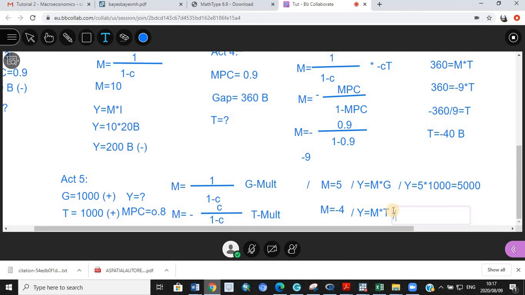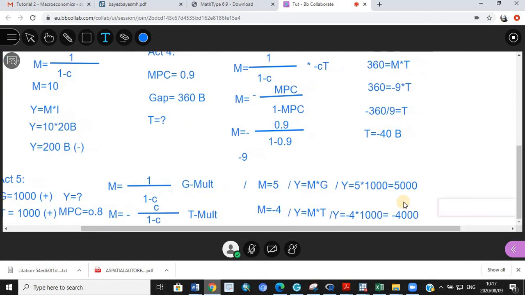And here we have y equals minus 4 times 1000, which is minus 4000. Okay, so there we go. These are the changes due to the change in tax and a change in government spending.